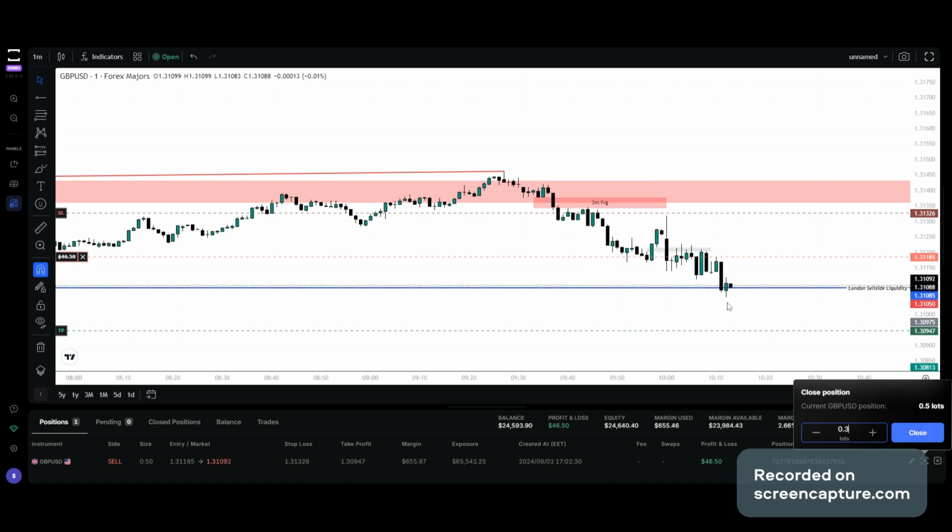I like to see a huge displacement, price to just accelerate quickly below these lows. I like that we left this imbalance up here.